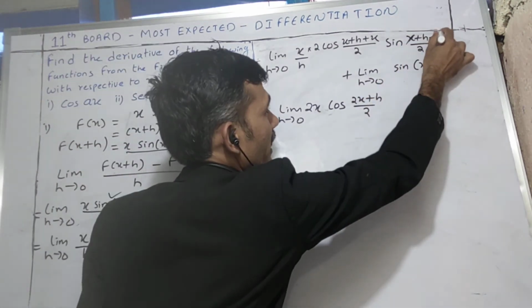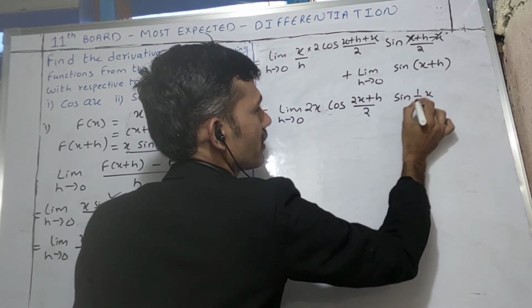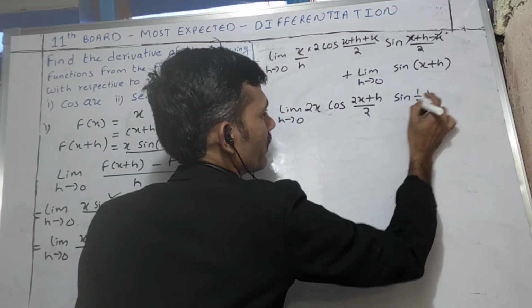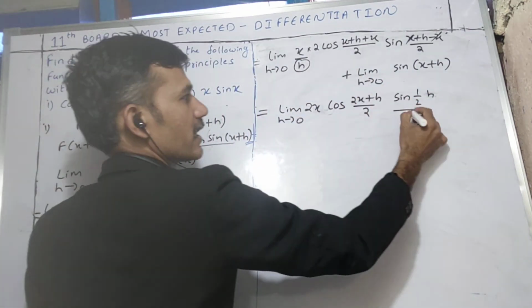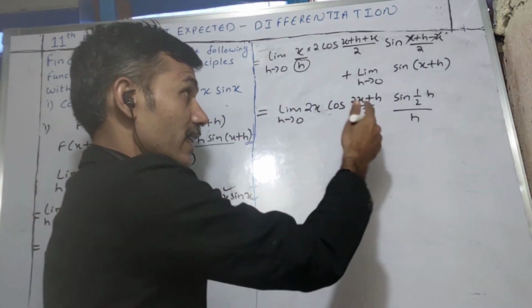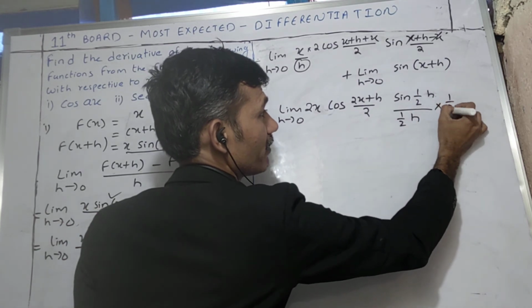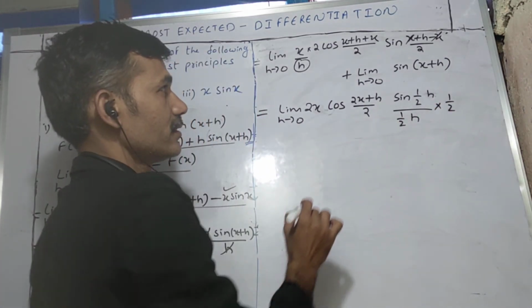There plus x and minus x will get cancelled and you will get sin half of h, and this h I can write here. Now if the coefficients are the same, there we can apply the formula. So I will multiply and divide with half.